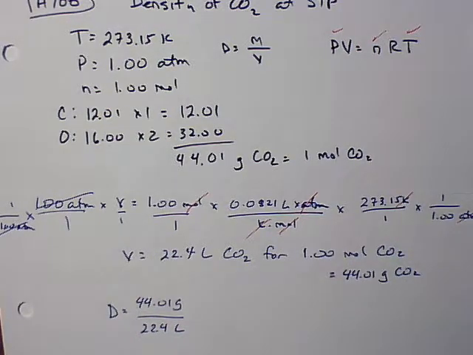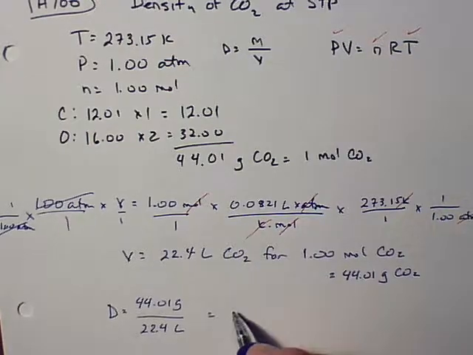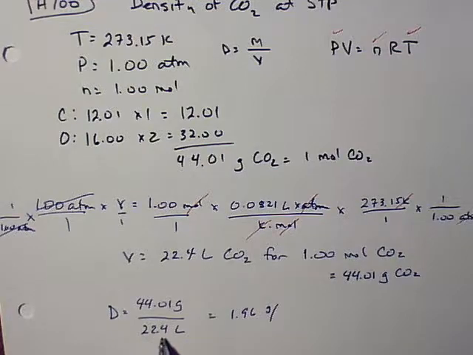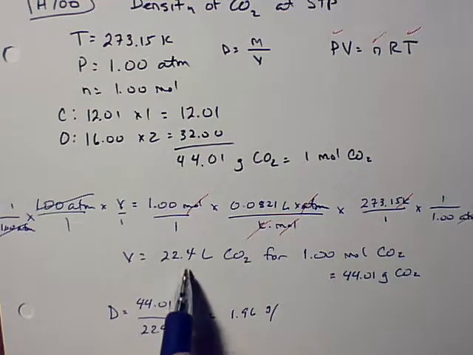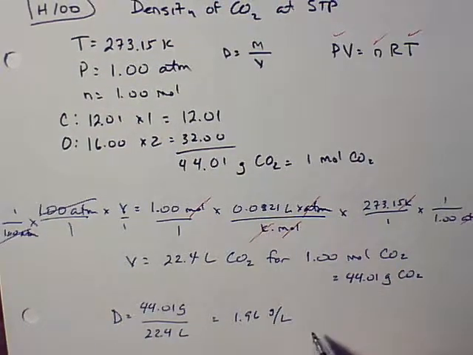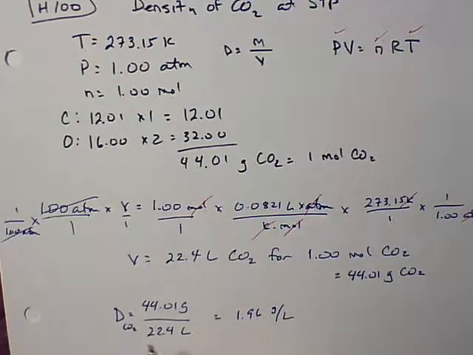Okay? I got 1.96 after I round off. Is that right? Yeah, we only need 3 digits, since we've got 22.4 here. So the density of CO2 is 1.96 grams per liter.